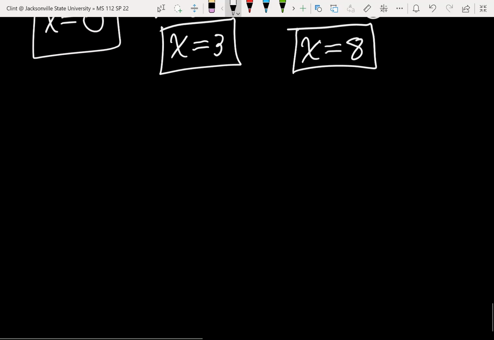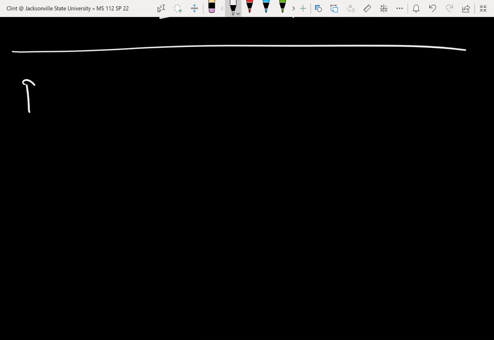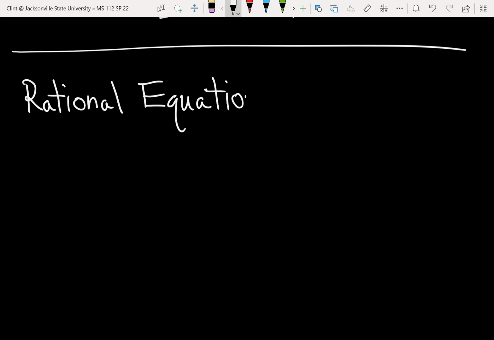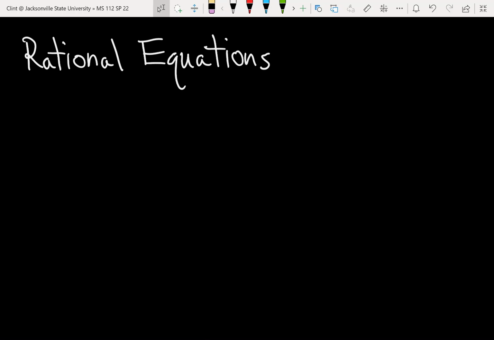All right. So the last type of other equation we're going to call rational equations. What we mean by rational is when we have a ratio, a fraction.